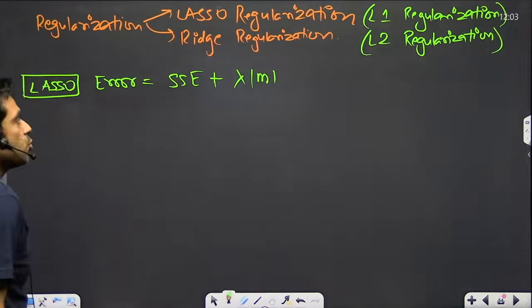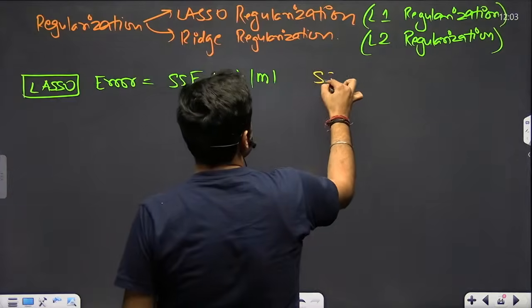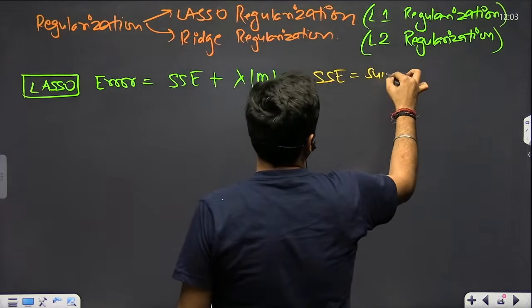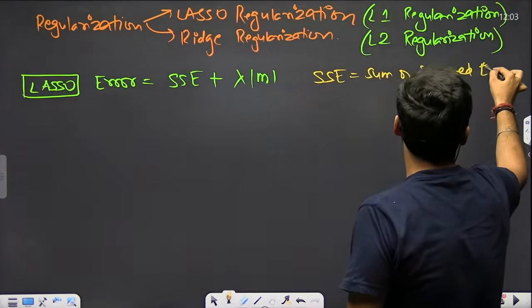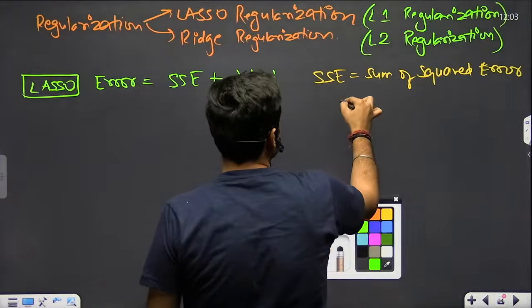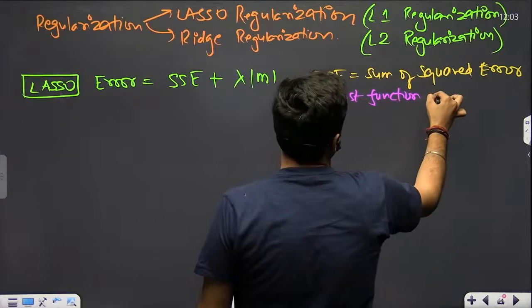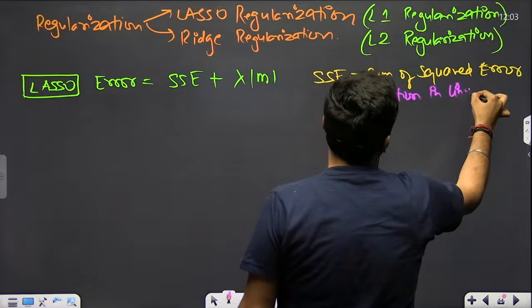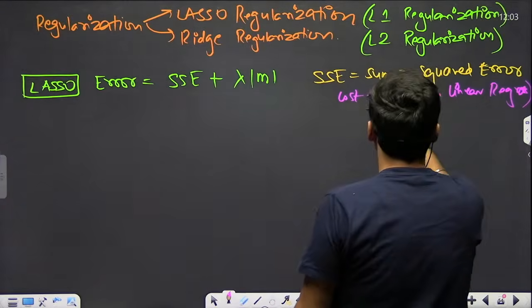What is this SSE? SSE is known as the sum of squared error, and this sum of squared error is the cost function in linear regression.